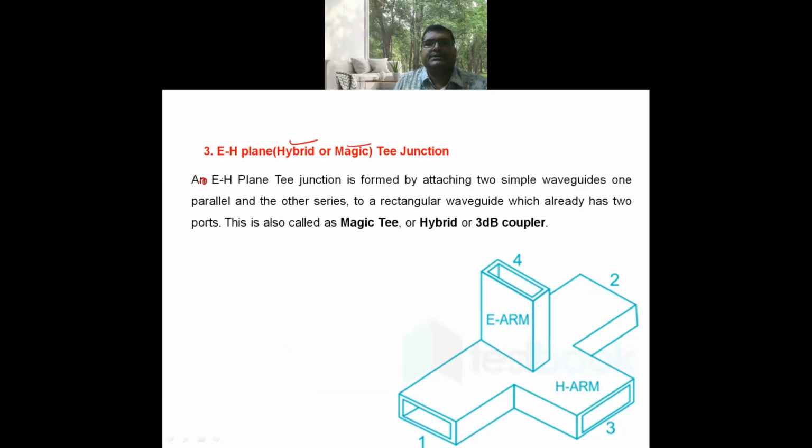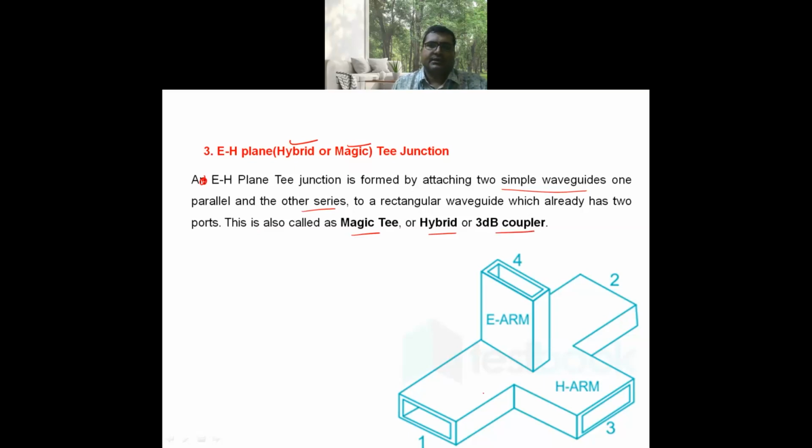The E-H plane T junction is formed by attaching two simple waveguides, one parallel and the other series, to a rectangular waveguide which already has two ports. It is also called Magic T, hybrid T, or 3dB coupler.